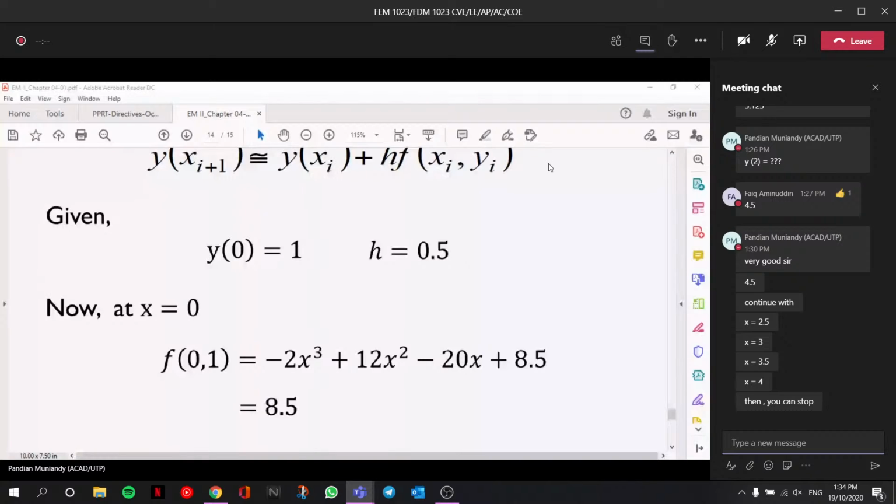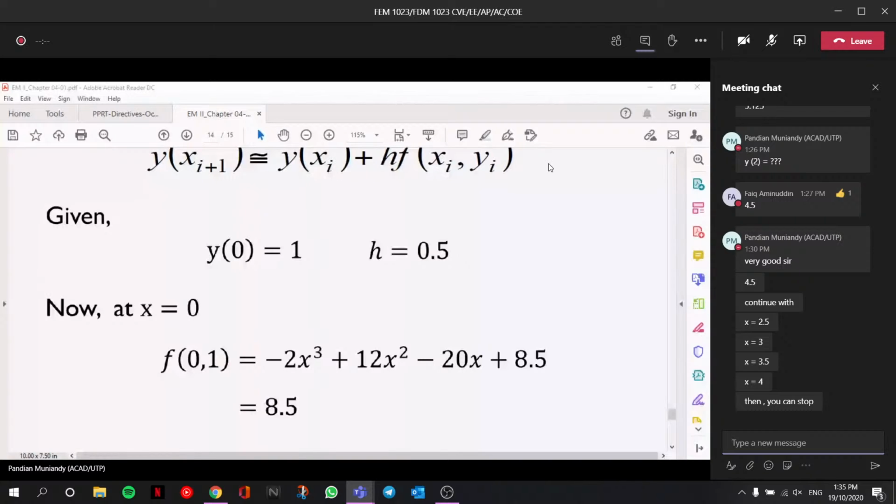You see just now the y suddenly dropped to 4.5. So we want to know what is going to happen at 2.5, 3, 3.5 until 4. And then you do the analysis. When x is 2, y is 4.5.